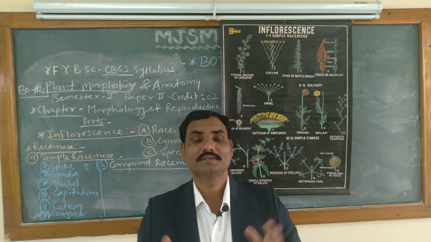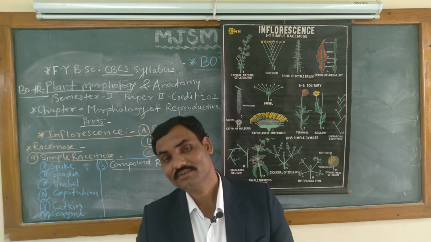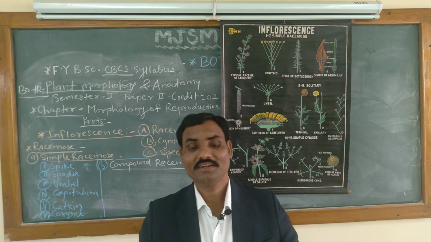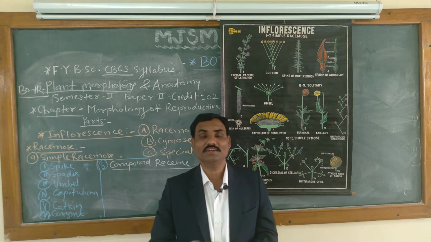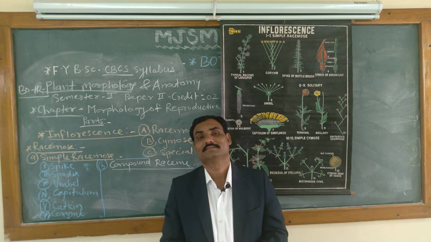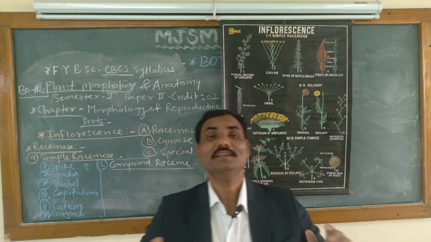The period of the formation of the flower or the life of the flower or the life of the plant is different in different cases. Some plants flower only once in their life cycle, whereas others flower perennially.